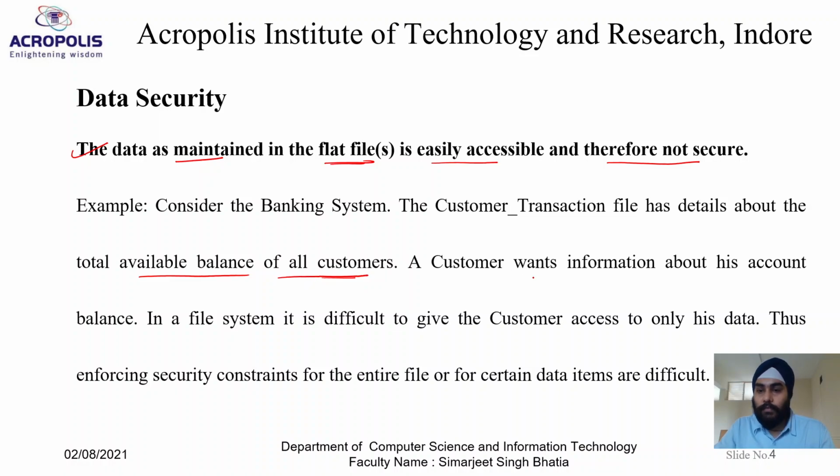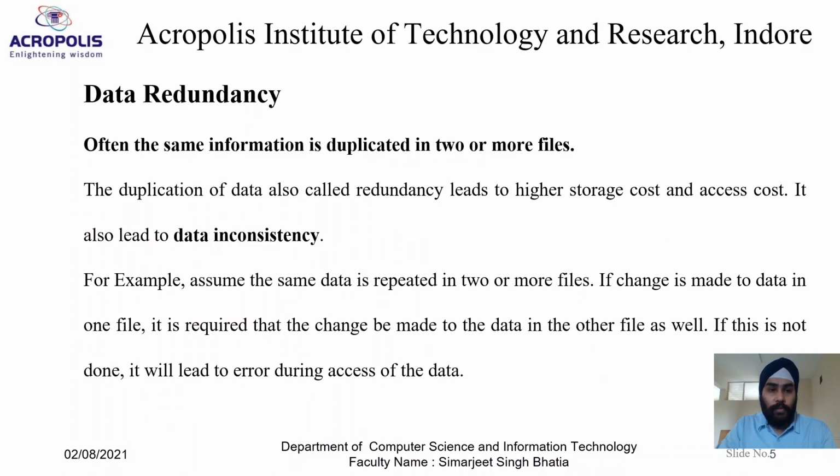The customer wants information about his account balance, but what we are giving him is the whole customer_transaction.dat file, with the details of the available balances in each and every customer account. So it will not allow us to enforce security constraints for that entire file. So this is the first problem.